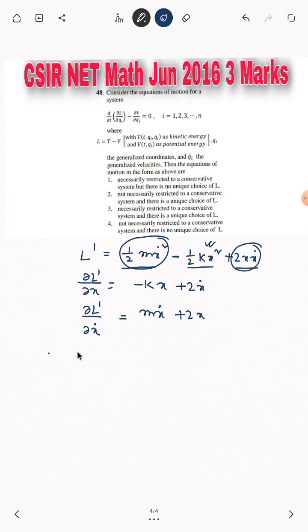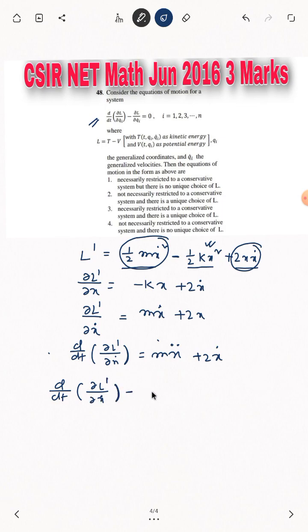But before that, let us make this calculation also. d/dt of del L dash by del x dot, what will that be? m x double dot plus 2x dot. Now let us put in the left hand side, that means d/dt of, within bracket, del L dash by del x dot minus del L dash by del x, that is equal to 0.